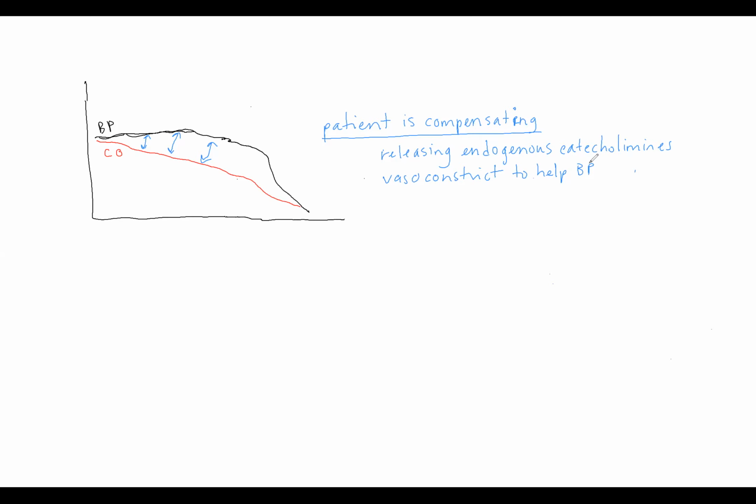And then at some point, this ability to compensate will be lost, and that's really when we start to see this fall here in the blood pressure. So this marks our loss of compensation, where the body says, I'm doing all these things that I know how to do to maintain cardiac output, but we're still not fixing this problem right here. We still haven't addressed why my cardiac output is continuing to fall.